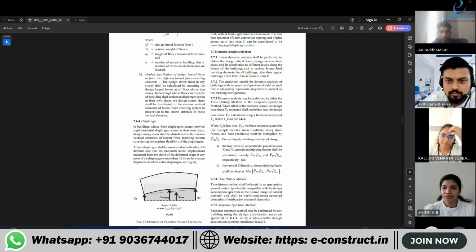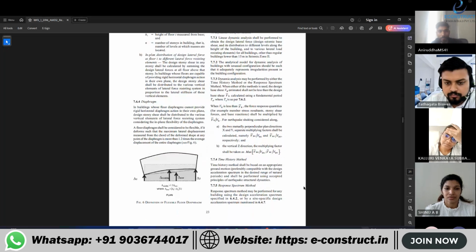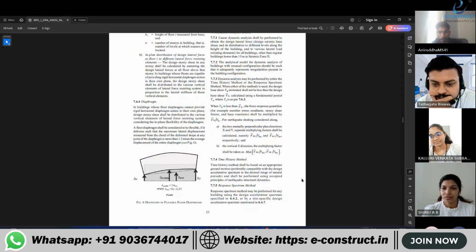for earthquake shaking considered along the two mutually perpendicular plane directions, x and y. Separate multiplying factors shall be calculated, namely VB bar x by VBx and VB bar y by VBy, respectively. For the vertical z direction, the multiplying factor shall be taken as the maximum of VB bar x by VBx and VB bar y by VBy.